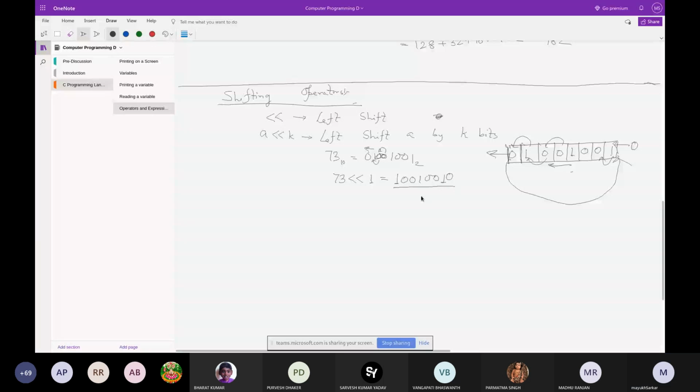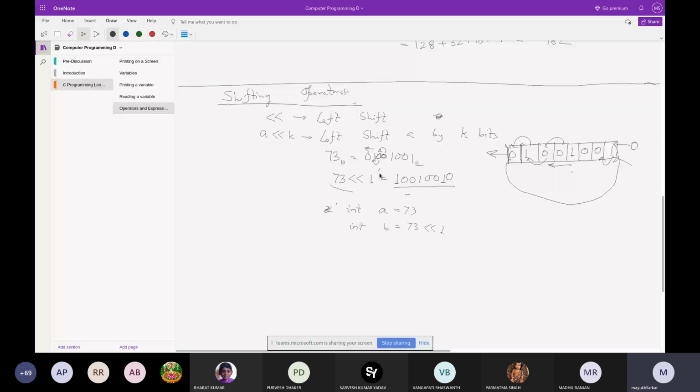And what value you will get out of this again depends upon the data type you are using. Suppose it is int a is equal to 73, and then you are storing int b is equal to 73 left shifted by one bit. Then there is no problem, because there were 25 zeros in front of this, and there will now be 24 zeros.